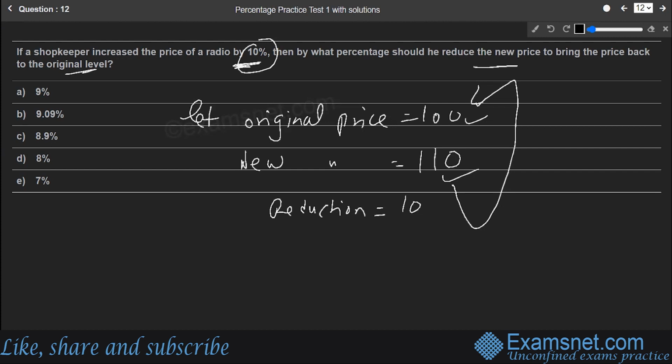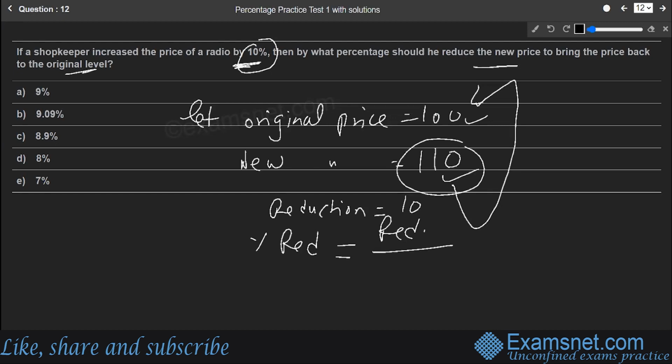Then he says how much percent. We need this answer in percentage, so we actually require percentage reduction. Percentage reduction is always the reduction divided by the price to which the reduction has been applied. Now the reduction is being applied to 110 because we are reducing the 110.